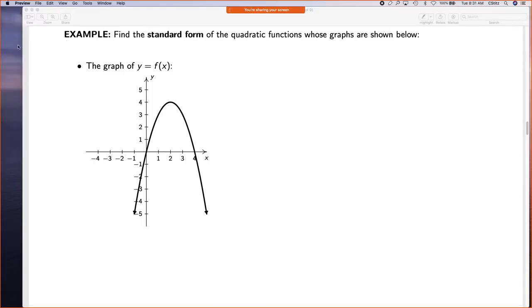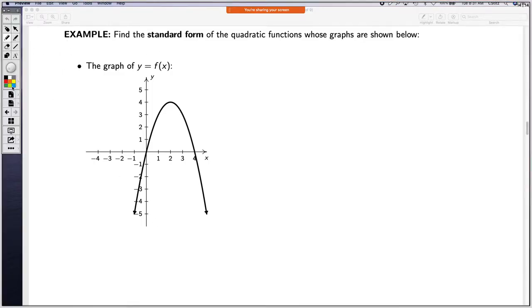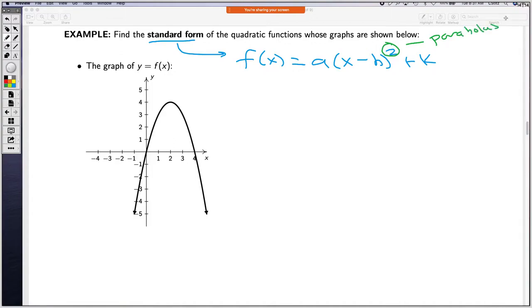So remember, standard form means f of x equals a times x minus h squared plus k. Once again, we know it's squared because we're looking at parabolas. And they tell us it's quadratic, so that's what indicates that.